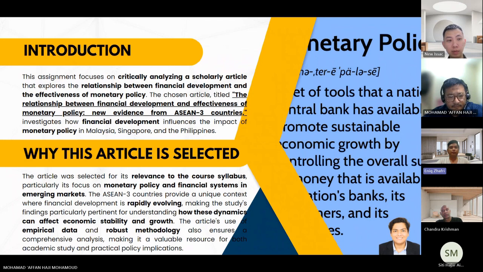Furthermore, the Asian 3 countries provide a unique context to the dynamics of financial development as emerging markets. The article also incorporates empirical data and robust methodology, ensuring a more comprehensive analysis, thus making it valuable for academic study and practical for policy implications.